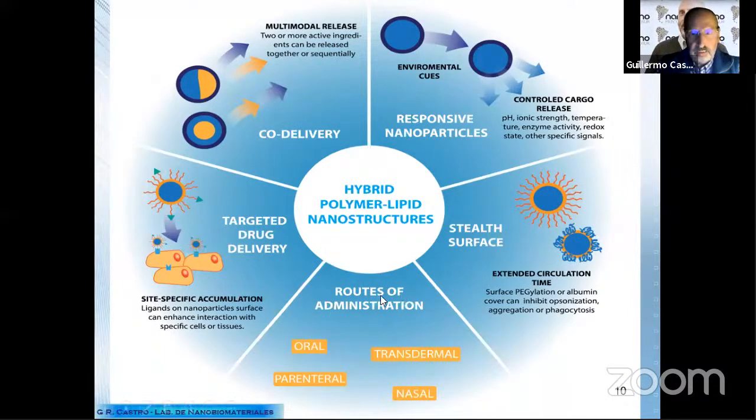We can change the routes of administration according to the structure, and also, which is one of the advantages, to target the drug delivery. So many applications and many ways to produce a system that can be used for advanced drug delivery.